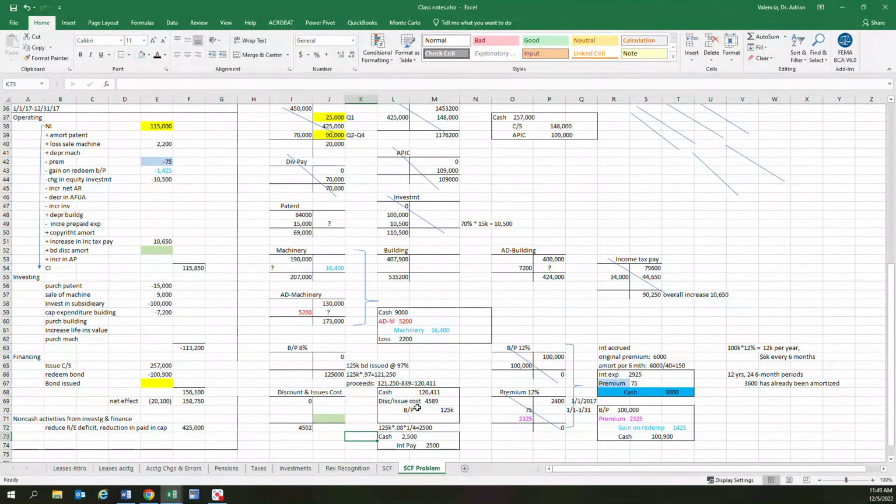So let's go ahead and put this information in there. The cash amount is going to go in the financing activities, right? So we're going to highlight this in yellow just so you can see it. And then this is the bond issued. So this is 120,411. That's a positive because we issued a bond. The discount of 4,589 goes into this account here.